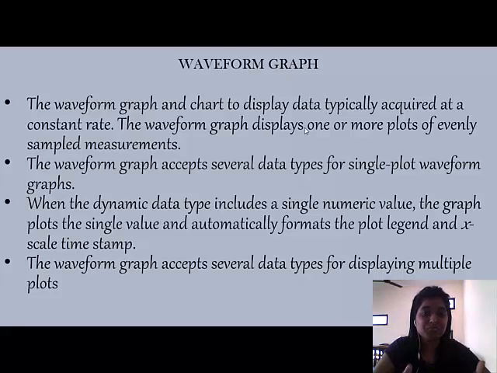For the dynamic data type, including a single numeric value, the graph plots the single value and automatically formats the plot legend and x scale timestamp. As I said, time is at a constant rate. For multiple plots, the waveform graph also accepts several data types.